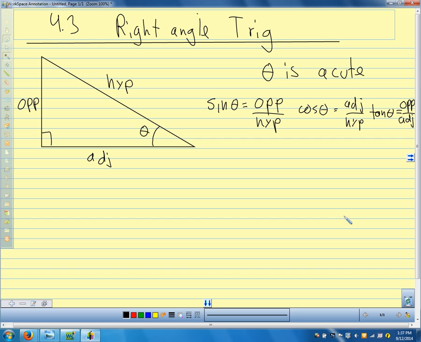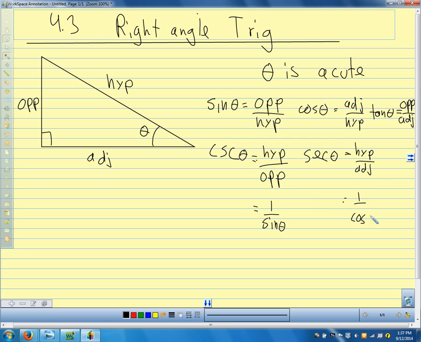And then we can do our reciprocal functions, the cosecant, hypotenuse over opposite. And what's another way we can think of the cosecant? The reciprocal of this, or the reciprocal of this. They're both the same thing. The secant of theta is the hypotenuse over the adjacent, or 1 over cosine theta.